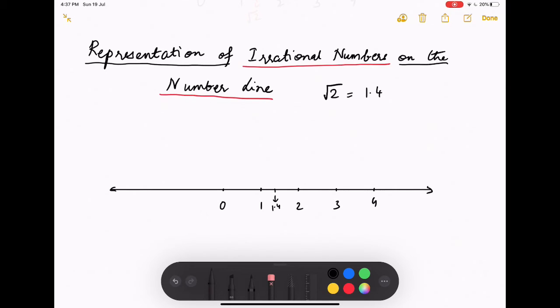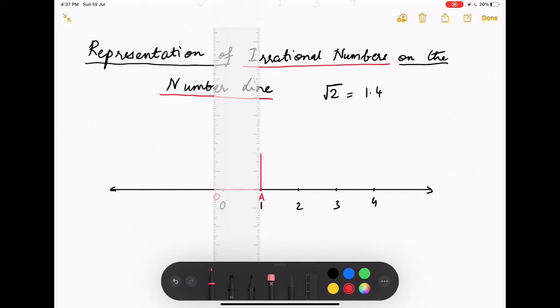This is an approximate representation, but if we really want to do it in a very accurate way, there is a method to do that using the properties of a right angle triangle and using Pythagoras theorem. So let us take the point where we marked 0 as O and the point where we marked 1 as A. OA is one side of the triangle, and then I construct another side of the triangle with the vertex O with 1 unit length.